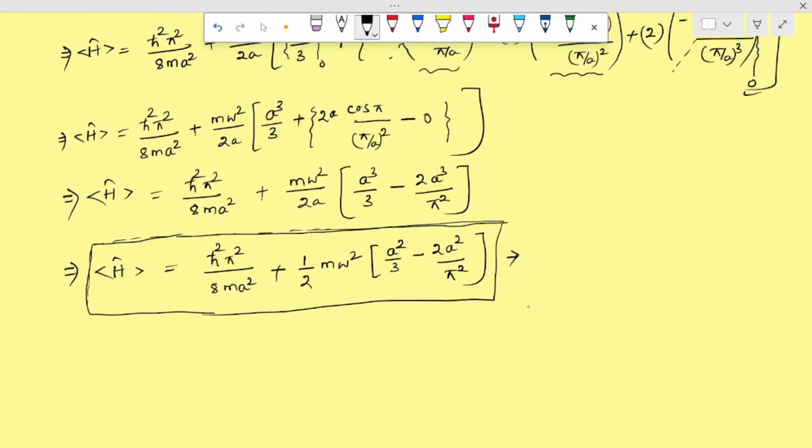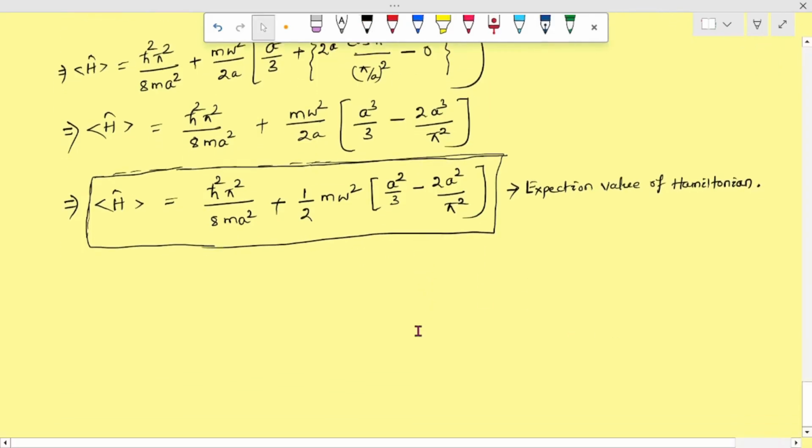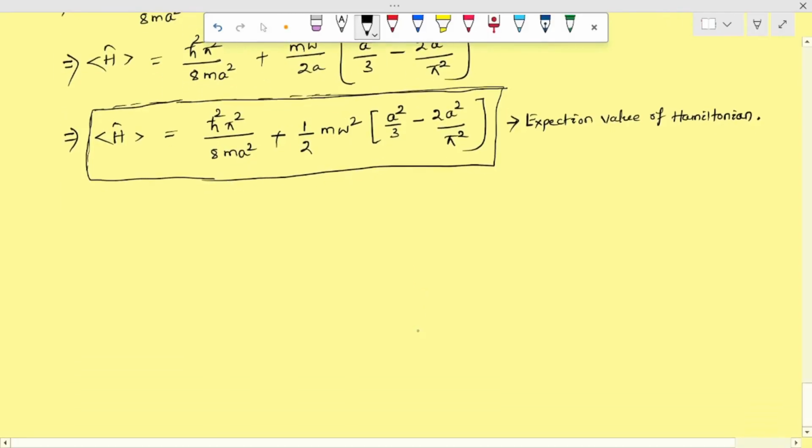This is the final expression of the expectation value of the Hamiltonian. Okay, now we are going to go for the minimization of the Hamiltonian.